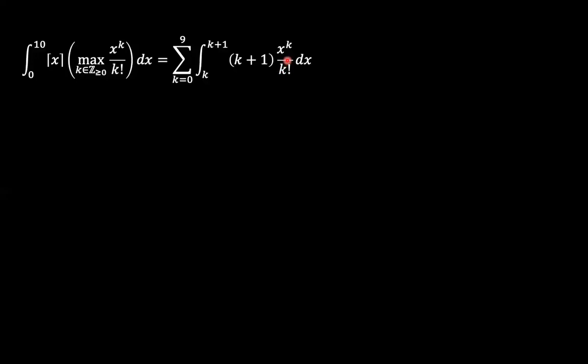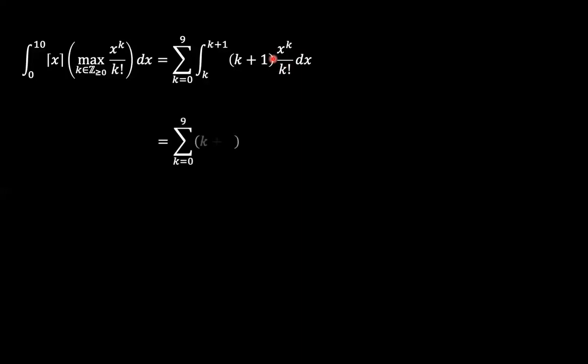In other words, between, for example, 2 and 3, x to the power 2 over 2 factorial was greater. So for example, between 9 and 10, x to the power 9 over 9 factorial was greatest, or was maximum. So this is our integration.